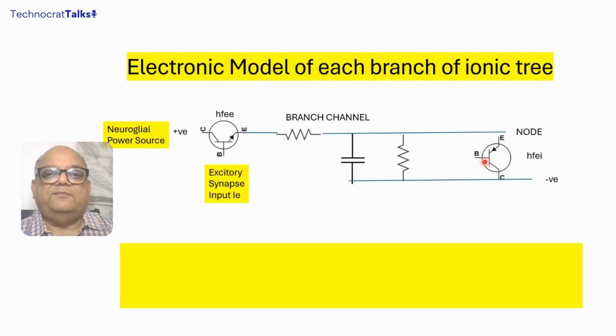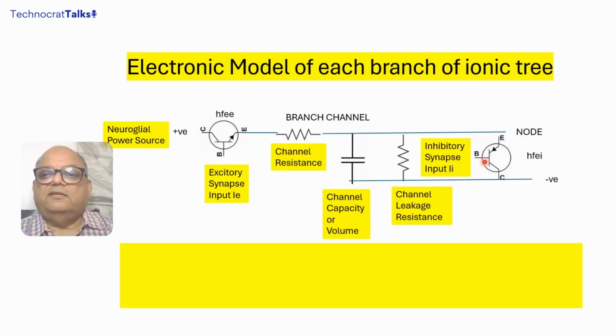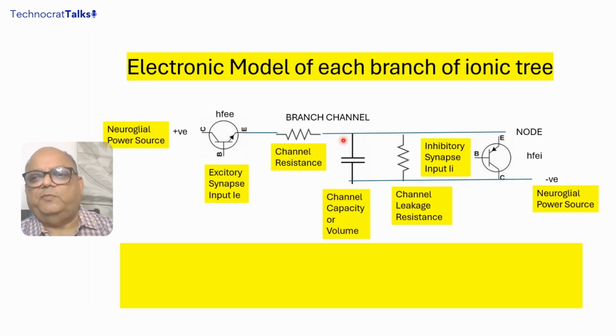Okay, and these are the parameters. I have not considered inductance, which also could be there. But for simplicity I have left out the inductance and just focused on the resistance aspect. So this is a simplistic model which one can use to represent each branch in the ionic tree.